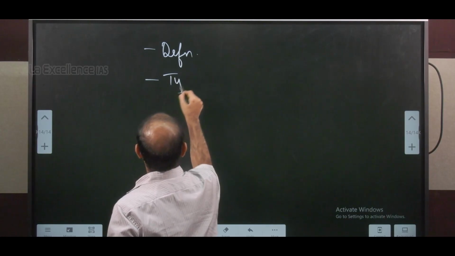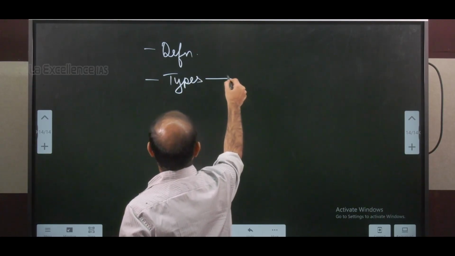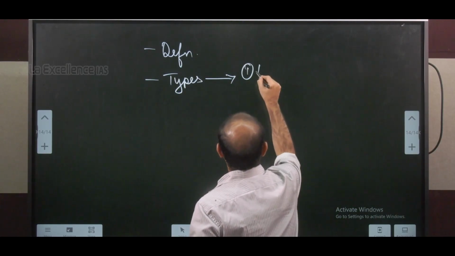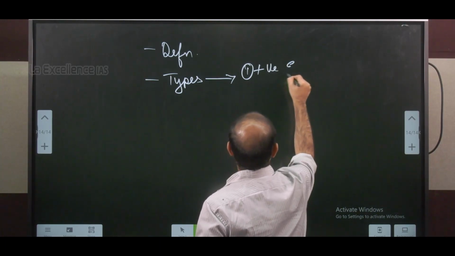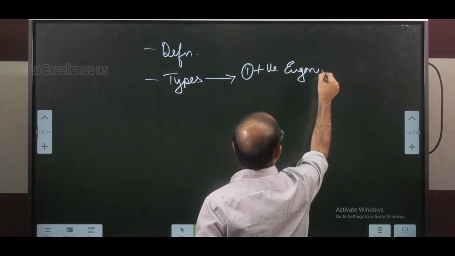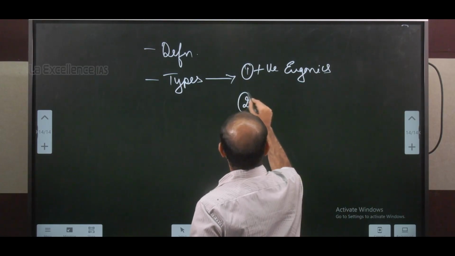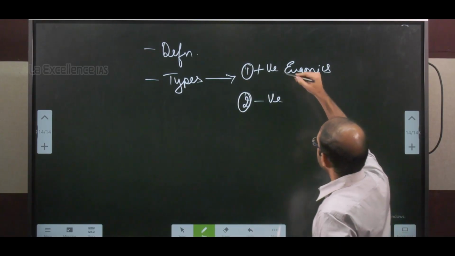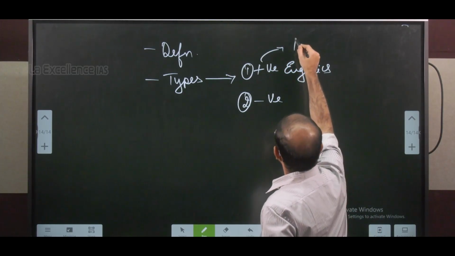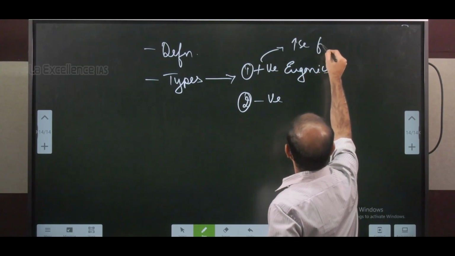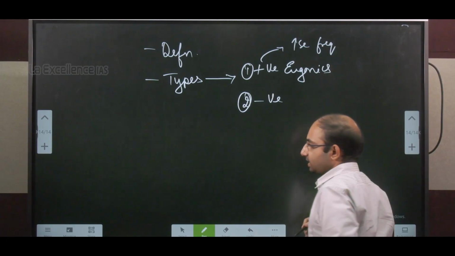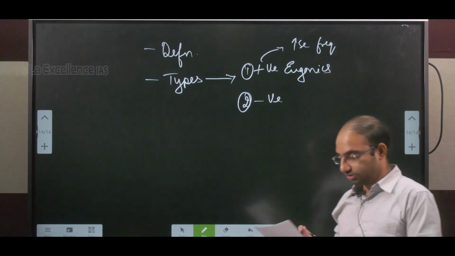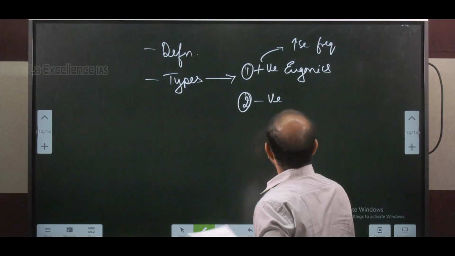Then talk about types. We have different types of eugenics. One set is positive eugenics. The second type is negative eugenics. What is the difference? Positive eugenics is to increase the frequency of desirable alleles.